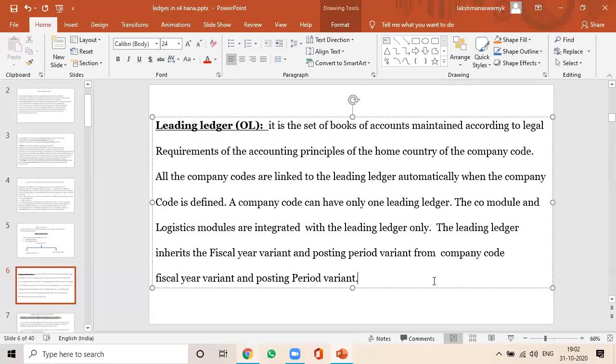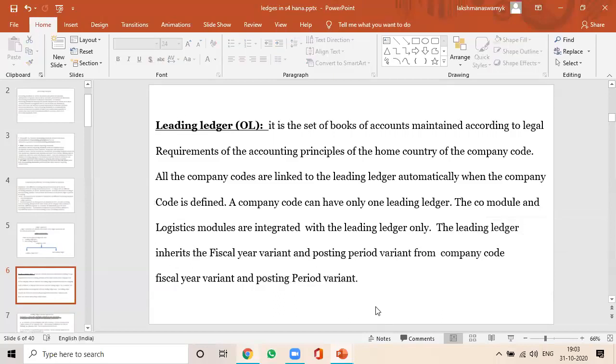The GL accounts in the leading ledger only are updated. That's why the CO module, the logistics modules, SD, and other modules are also integrated with the leading ledger only. The leading ledger inherits the fiscal year variant and posting period variant from the company code. So the company code fiscal year variant and the company code posting period variant are automatically assigned to the leading ledger only.